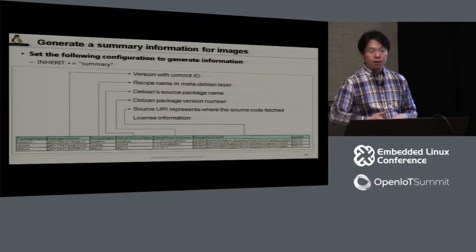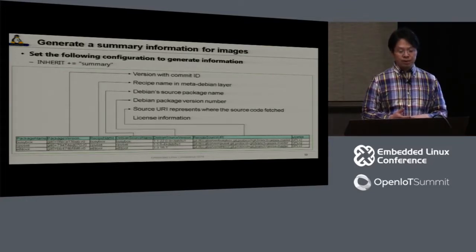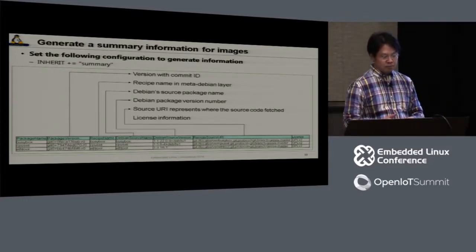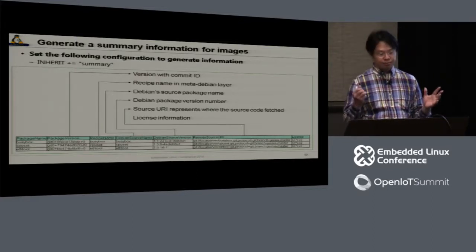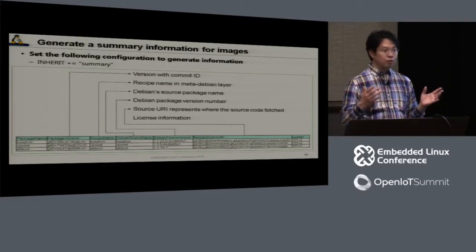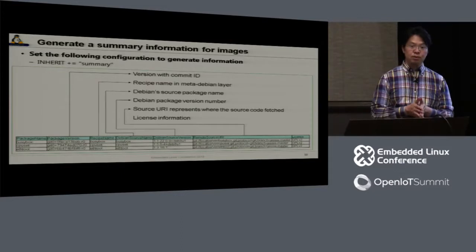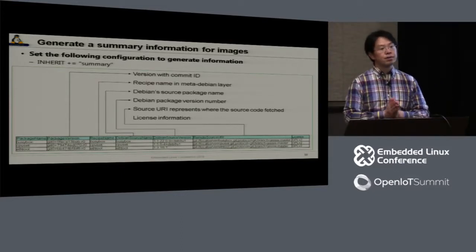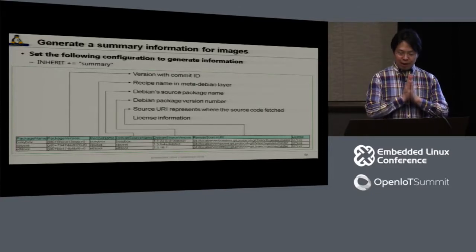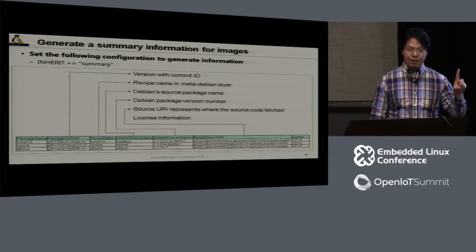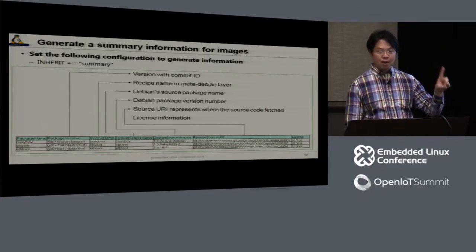And the next feature is generating summary information for images. This is very important information for product development. Once we create some root file systems, we also consider legal issues. The first one is we need to reproduce the environment.